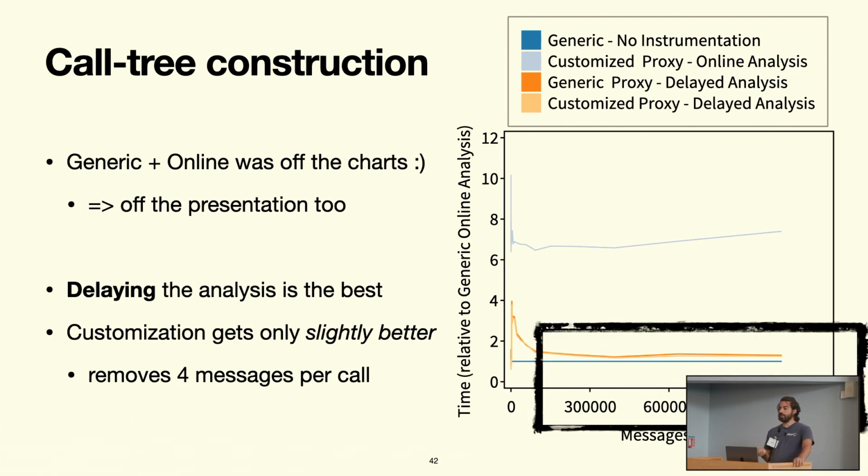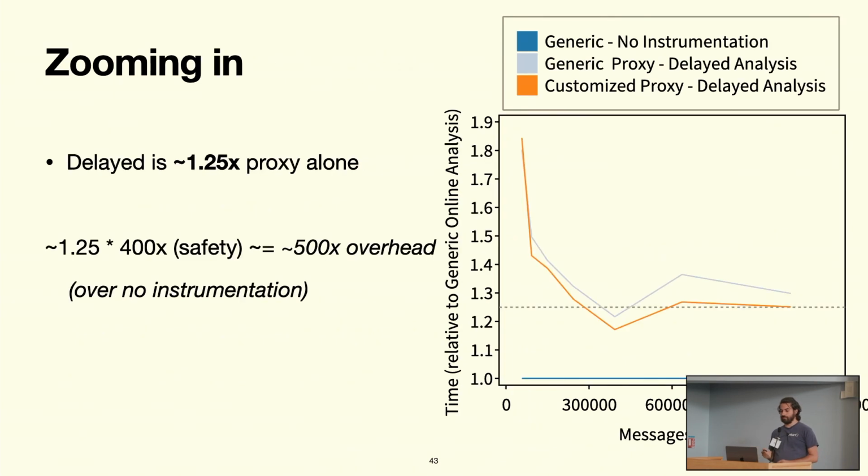Now, what if we zoom there and take a look in a bit more detail, also removing the other one that is off the charts? So here, what we see is that a customized proxy, a proxy that doesn't have any hooks, just one object for the entire proxy, versus a generic proxy, the specialized is slightly better, maybe 0.8, less than 1%.